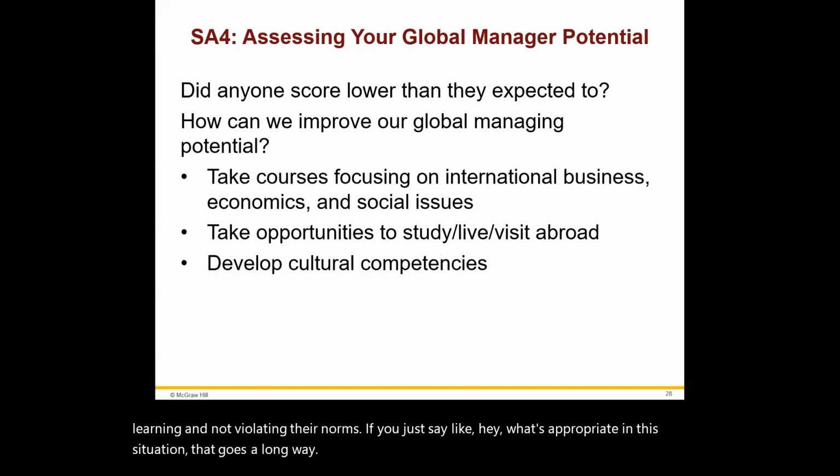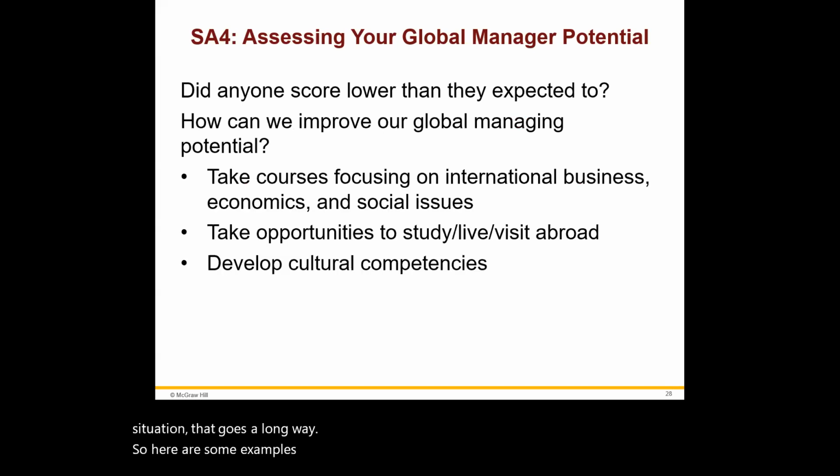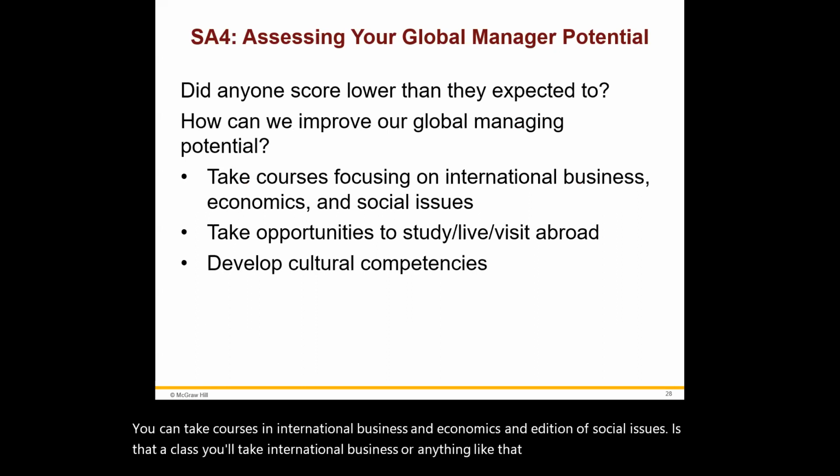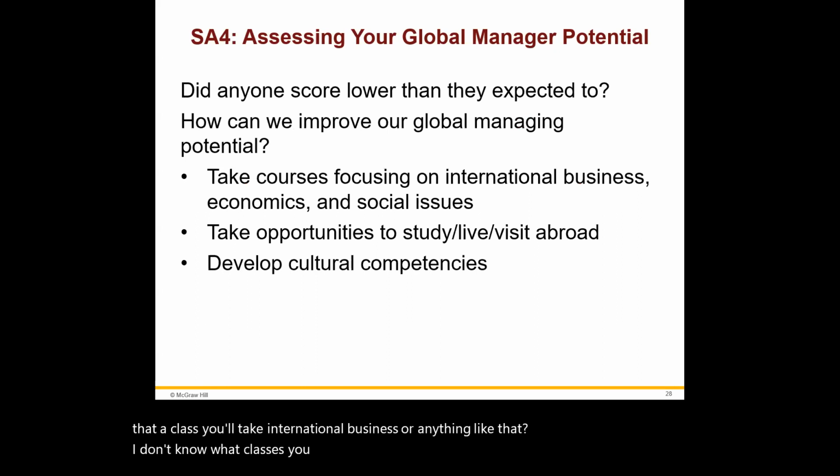All right. Here are some examples. We hit on some of these already. Something we didn't talk about, you can take courses in international business and economics in addition to social issues. Is that a class y'all take? I don't know what classes y'all take. Global marketing? Yeah, that seems relevant.